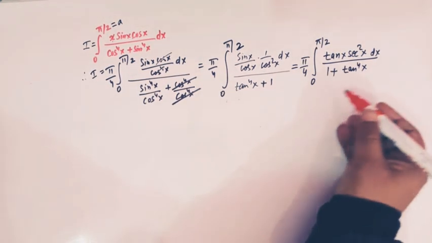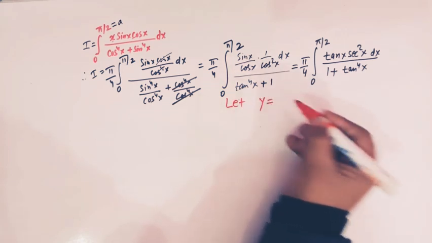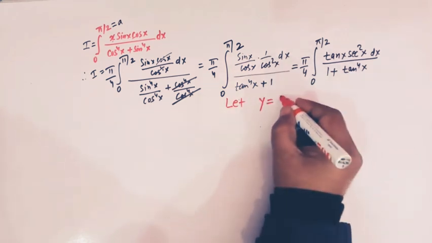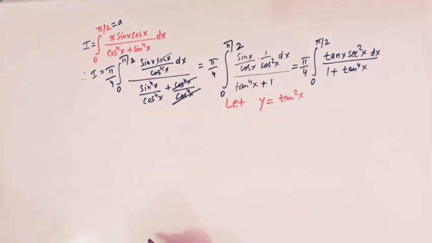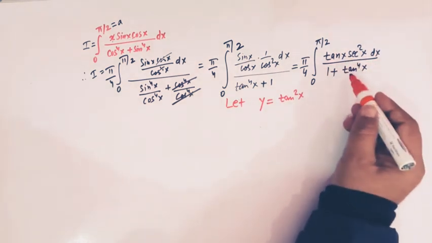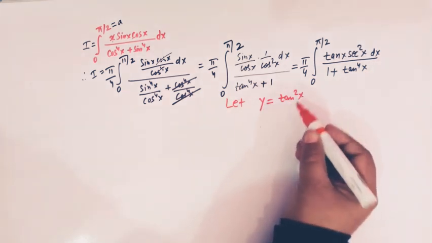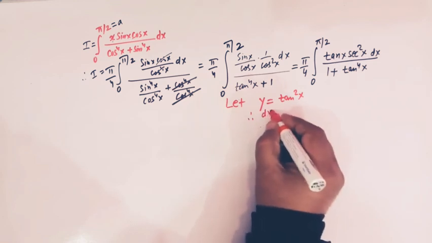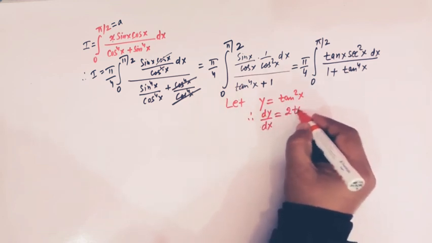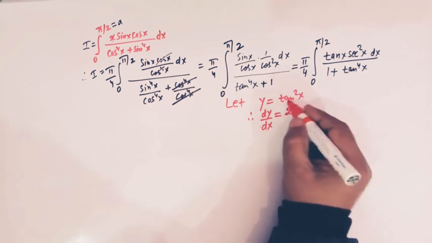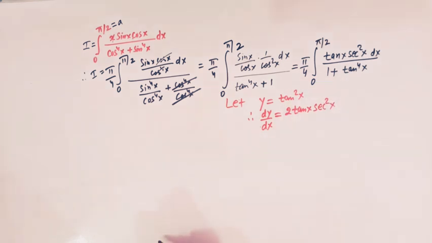So viewers, now let us substitute here y is equal to tan square x, right? So here we are making use of the substitution method. So therefore dy over dx is now equal to 2 tan x, and by chain rule the derivative of tan x is sec square x, right?